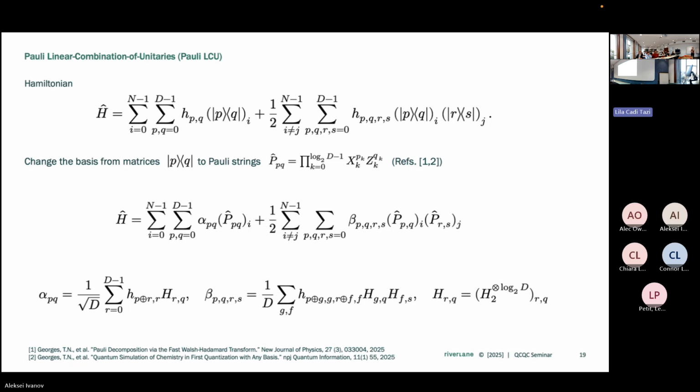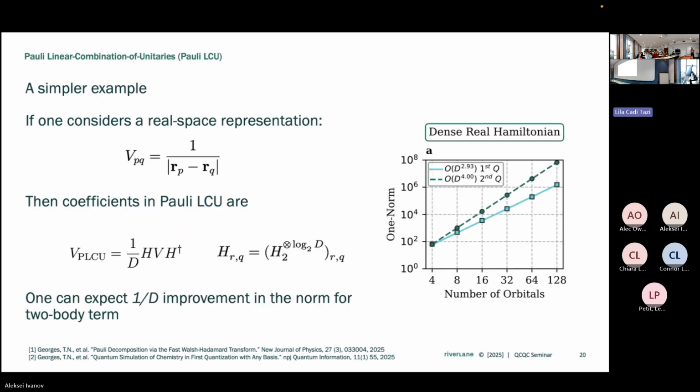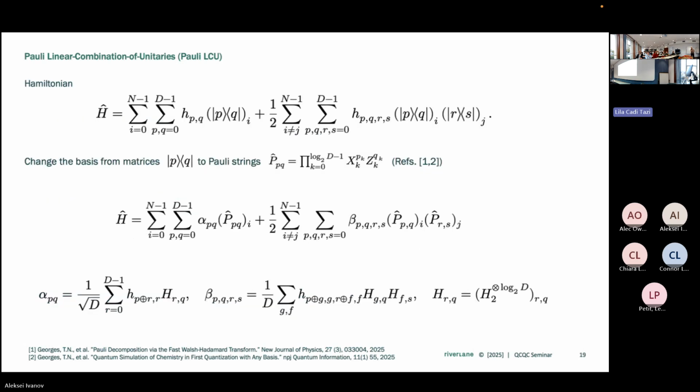Yeah, but the scaling was something like d to the 4 in second quantized and d cubed here. Yes. So take the example when this is a dense tensor. Because it's a four-dimensional tensor, and each element is a constant, it doesn't depend on the system size. Then if you just sum up the absolute values of these elements, it will scale as d to the power 4 in the second quantization. But here, because of this 1 over d factor, you can see it here.